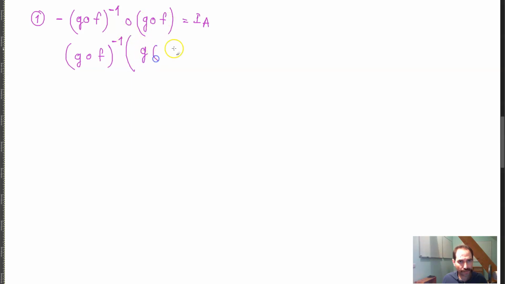That is g of f of, well, we have no x here, but the inputs to f would be 1, 2, and 3. So let's try, for example, 1. If I tried 1, I would get, now f of 1, as you know, is equal to a.